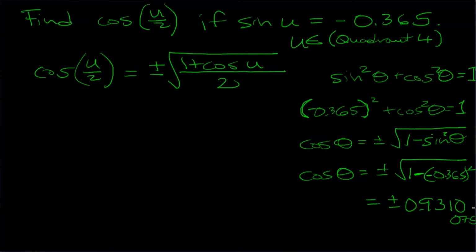Okay, and now theta in my problem is my u here. I should have called this u. So cosine of u, because u is the angle I'm interested in, is going to be positive. There you go, because it's in quadrant 4.